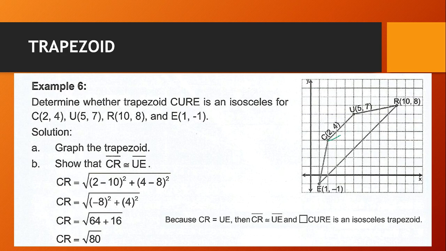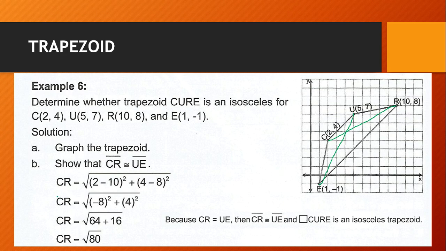One characteristic of the isosceles trapezoid is that the diagonals have the same measurement, or the diagonals of an isosceles trapezoid are congruent. So, we're going to use the distance formula to prove whether the trapezoid CURE is an isosceles or not an isosceles.